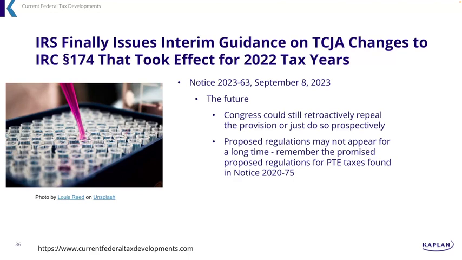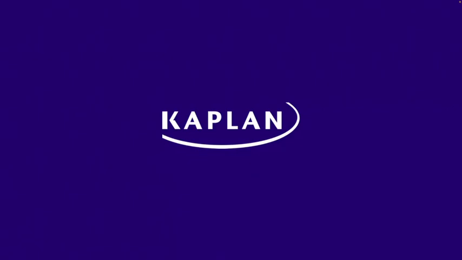So I wouldn't sit around and say the proposed regs are coming out next week. My guess is the IRS still believes Congress is eventually going to repeal this or change it or modify it. So they're probably going to be in no rush to put out proposed regulations. They're just going to sit there and wait and watch things. So as I say, keep your eye on this. We'll see how it goes.